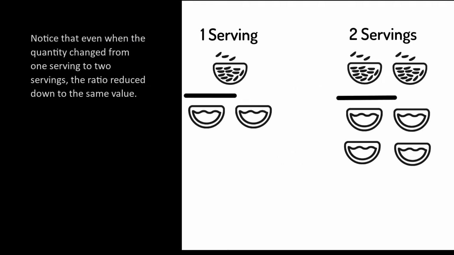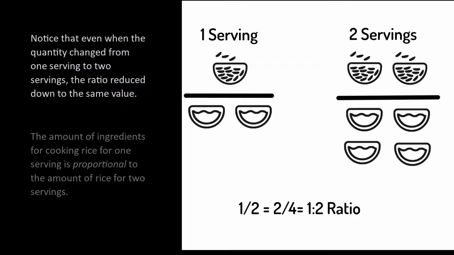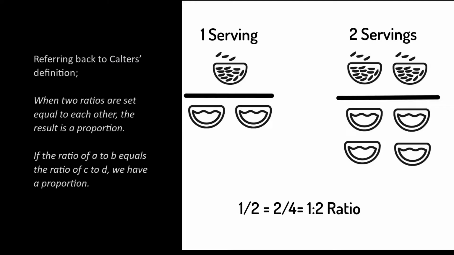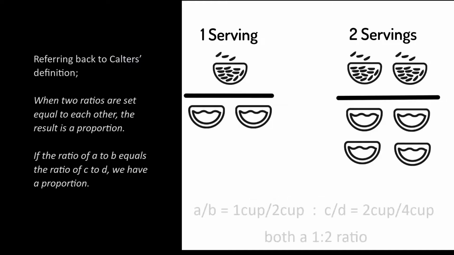Notice that even when the quantity changed from 1 serving to 2 servings, the ratio reduced down to the same value. The amount of ingredients for cooking rice for 1 serving is proportional to the amount of rice for 2 servings. Referring back to Coulter's definition, when 2 ratios are set equal to each other, the result is a proportion.